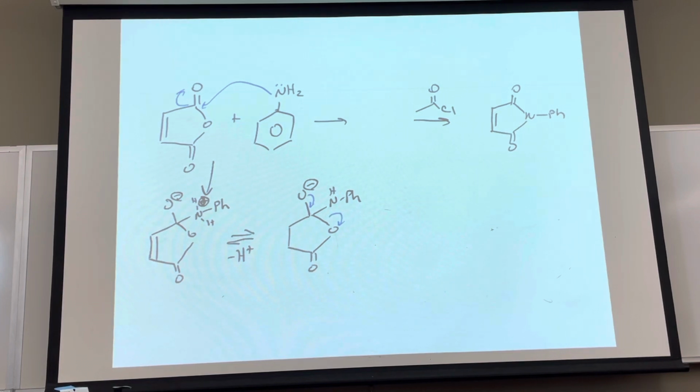That's going to open up the ring. That's your intermediate product. All right, so it was a simple 2-step nucleophilic substitution on an acid anhydride.